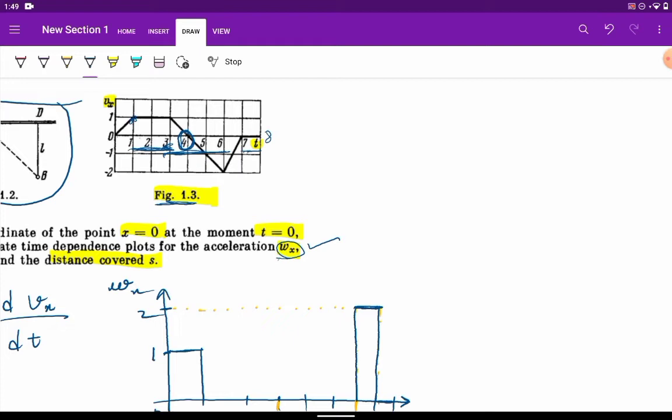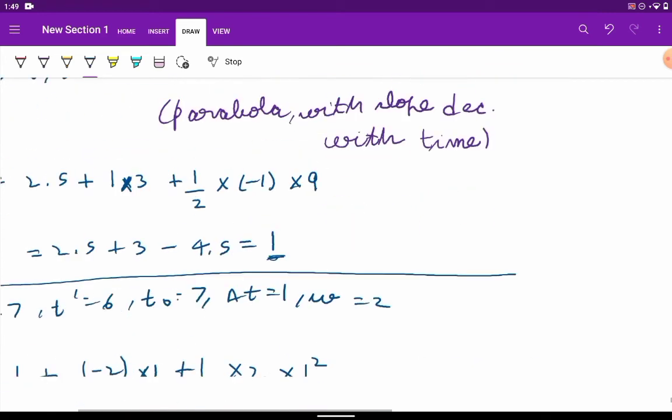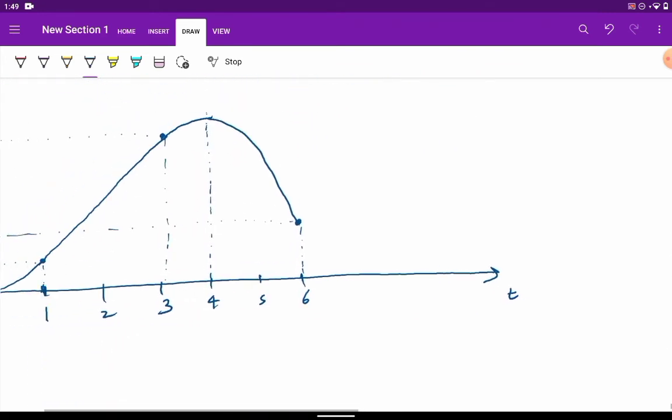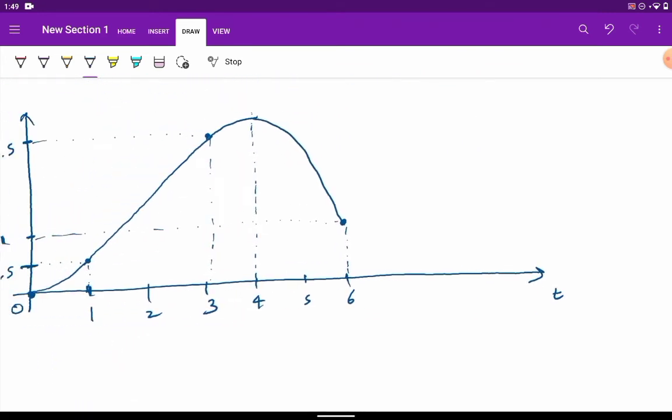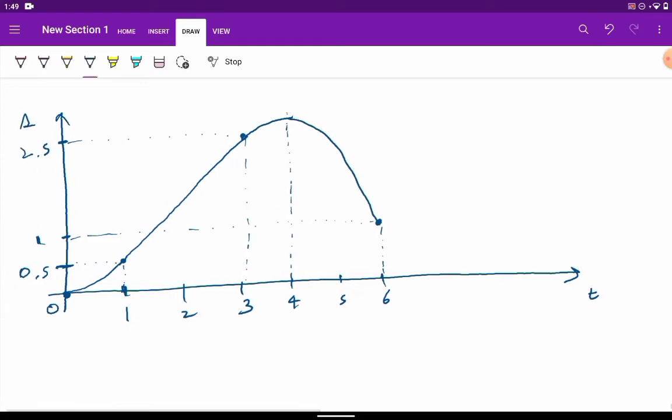After that, there is again a sudden positive acceleration. And at t equal to 7, the point becomes stationary and comes back to the origin.